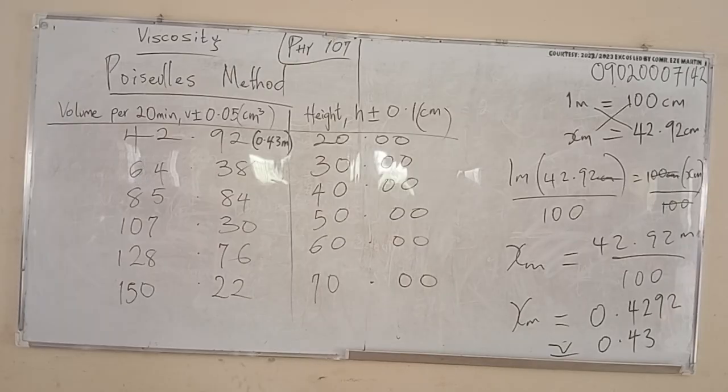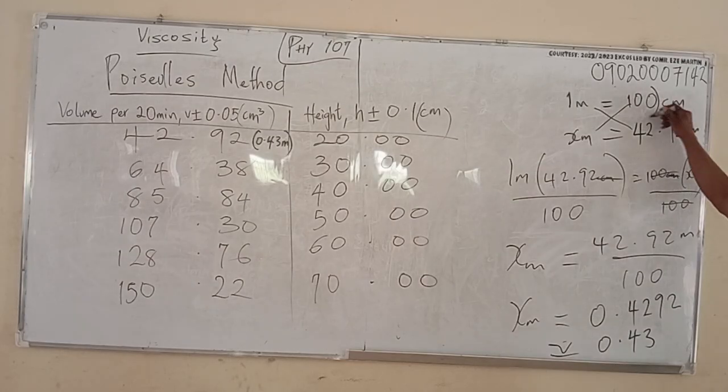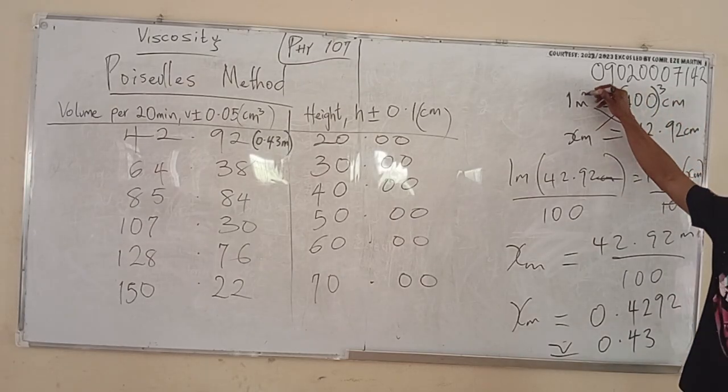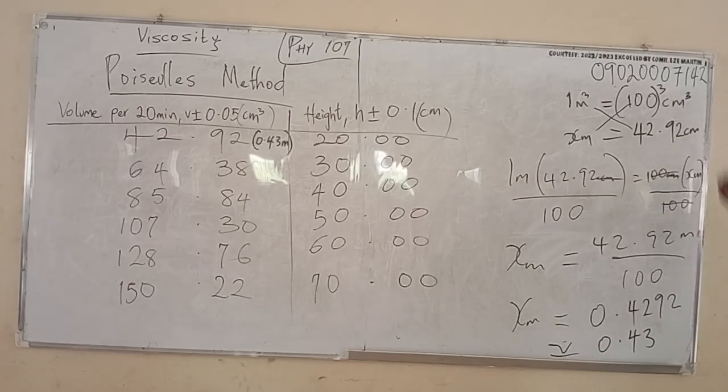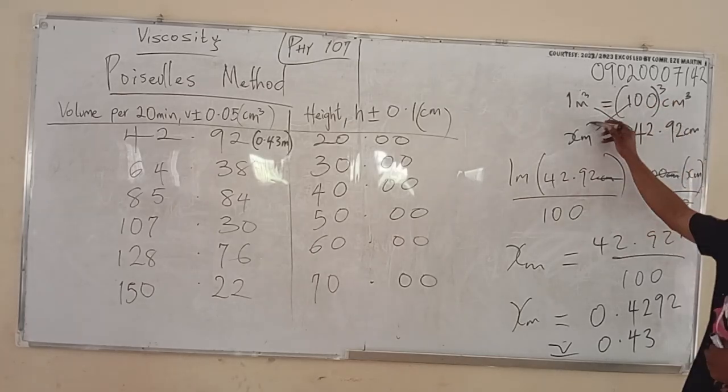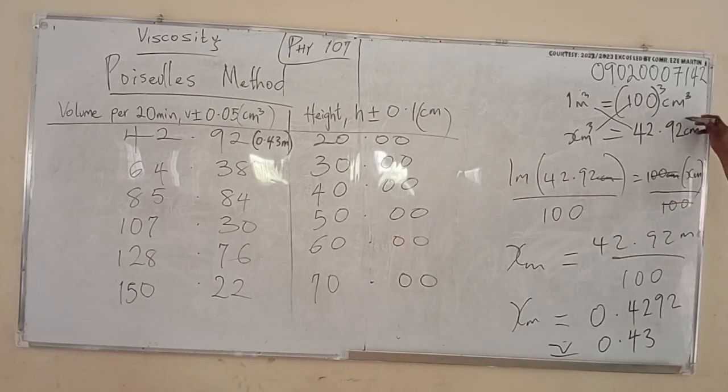Okay, they say meter cube. It's true. That means you're supposed to do 1 meter cube equals to this, so x meter cube equals to this in cube. It's already in cube.